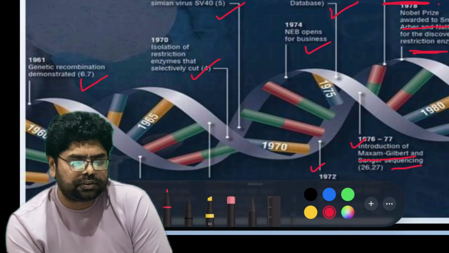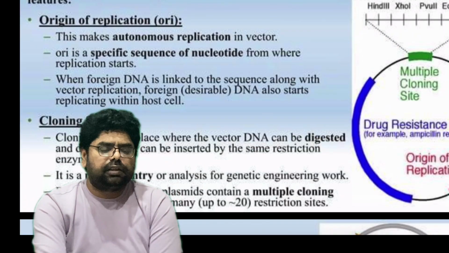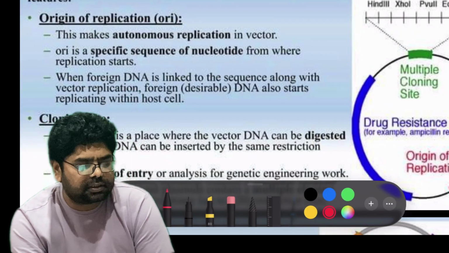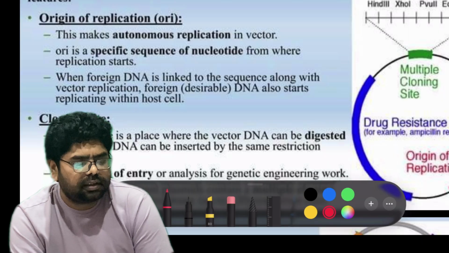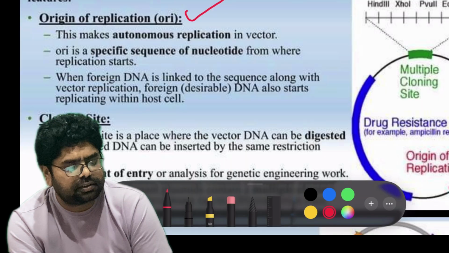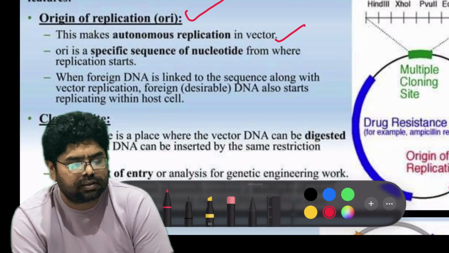Now let's see what are the features of the cloning vectors. All commonly used cloning vectors have some essential features, like the origin of replication, as we have already discussed. This makes autonomous replication possible in the vector. Origin is a specific sequence of nucleotides from where replication basically starts.